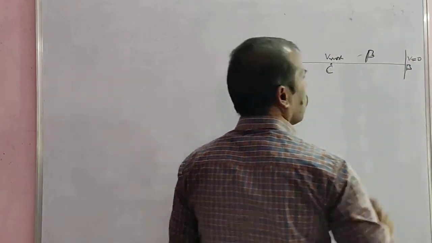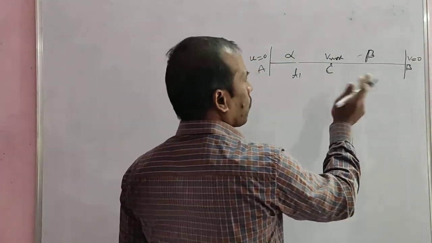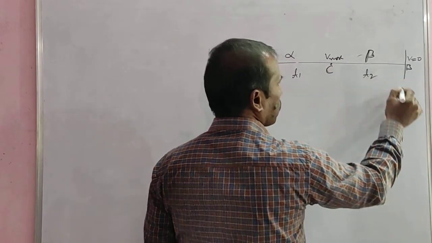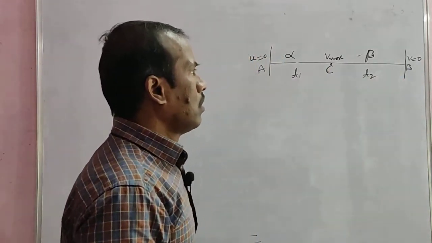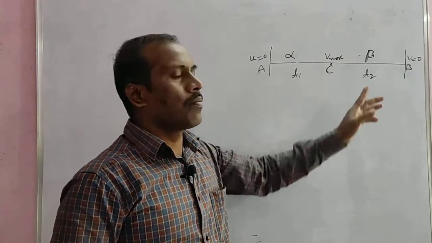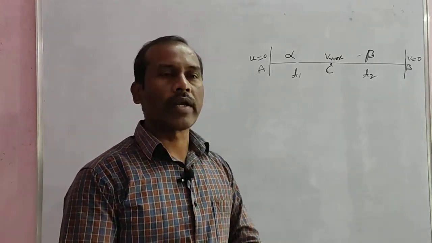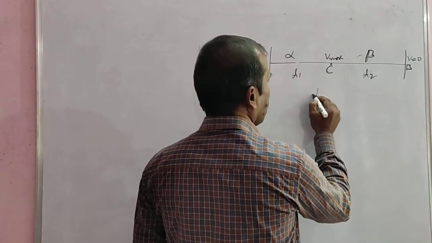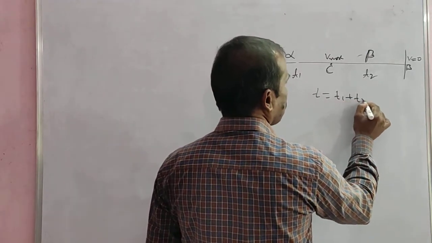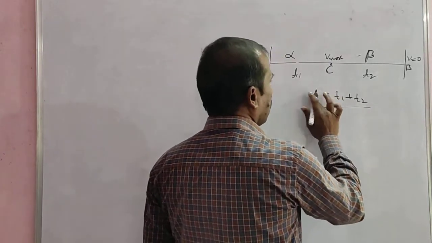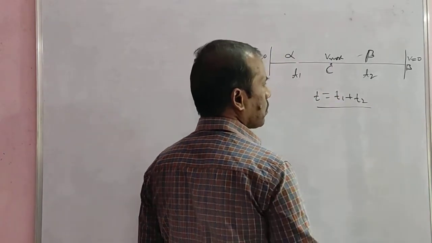Time taken from C to B, for example T2; A to C is T1, this one T2. Now find first of all the total time. Total time is T is equal to T1 plus T2.